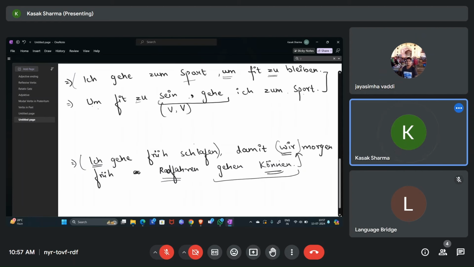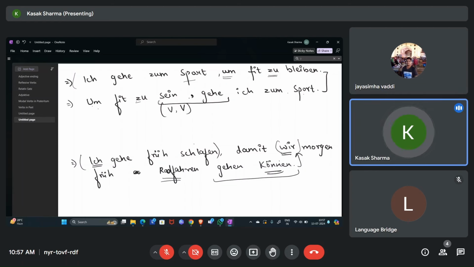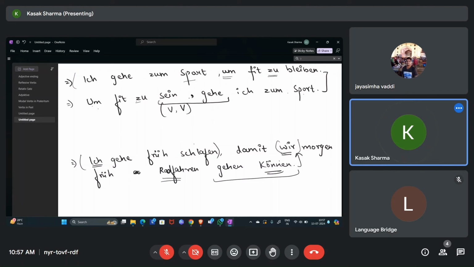I can also write the sentence with damit ich morgen früh Radfahren gehen kann. Here I have used the same subject, ich.